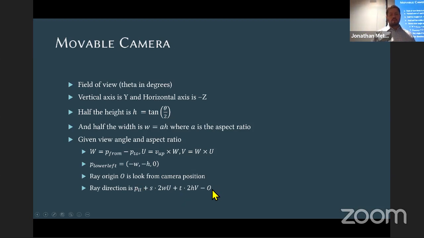And then we'll subtract the origin in order to get the direction the camera should be looking at. All right. So it's not too difficult, but you do have to understand the look-at matrix. So that's why we've had some examples of, you need to understand your tools, right? And having the look-at matrix is one way of being able to point our camera anywhere we want in the scene.